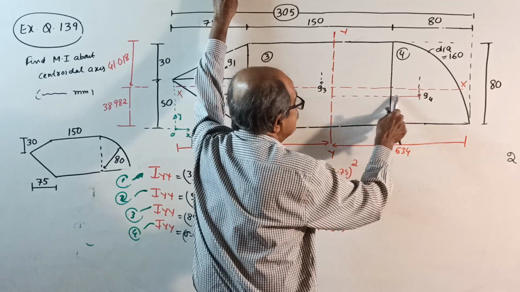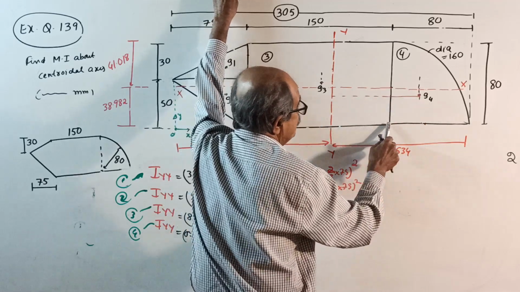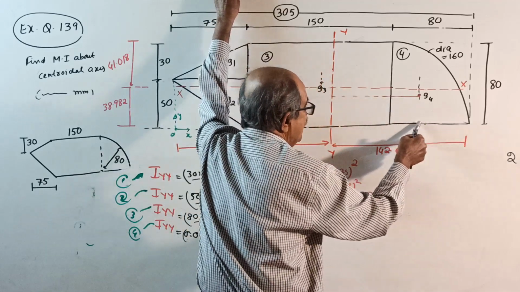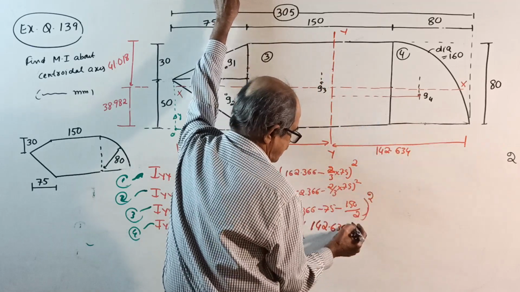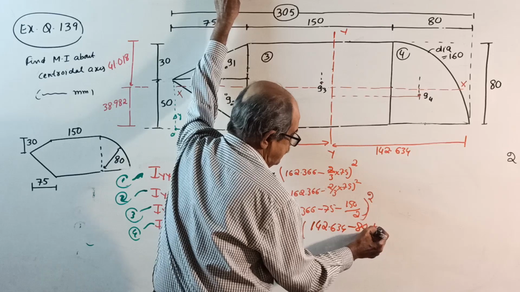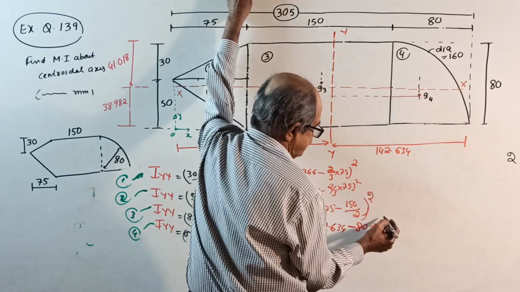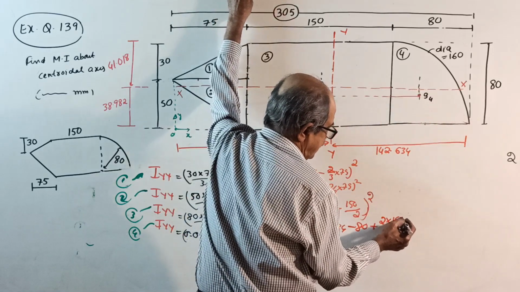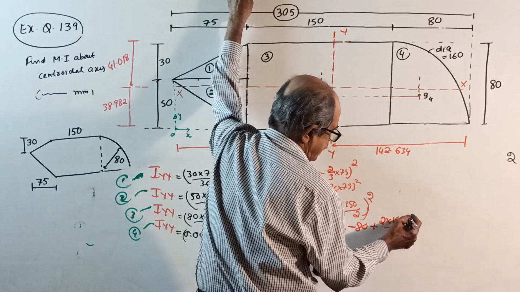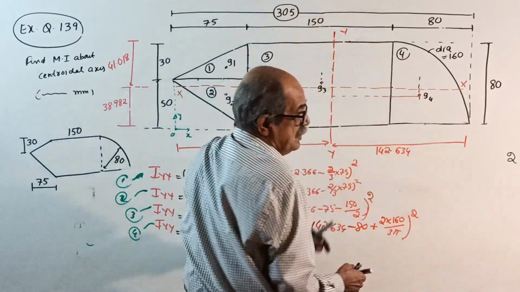We want this distance square: 142.634 minus 80 will give you this distance, minus 80, then plus this extra distance, 2 into 160 divided by 3 pi, whole square will give Iyy.